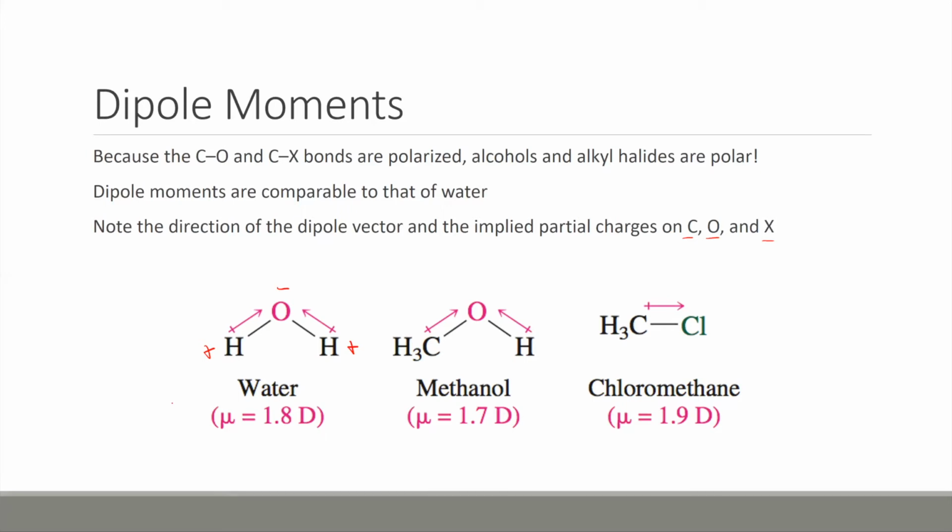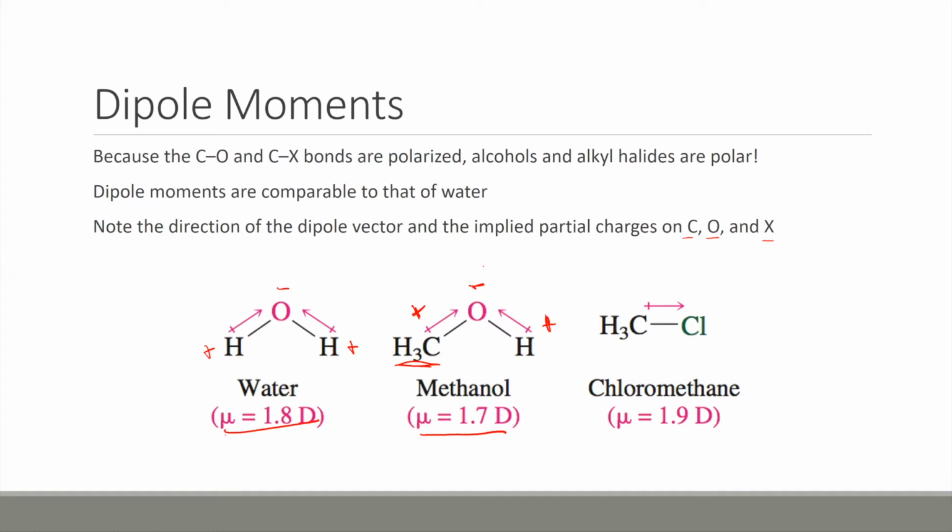Methanol, which is comparable to water in its dipole moment, you can see they have very similar dipole moments. Methanol, which is a one carbon alcohol, also has partial positive charge on its methyl group on the carbon here, or the single hydrogen, and partial negative charge on the oxygen.